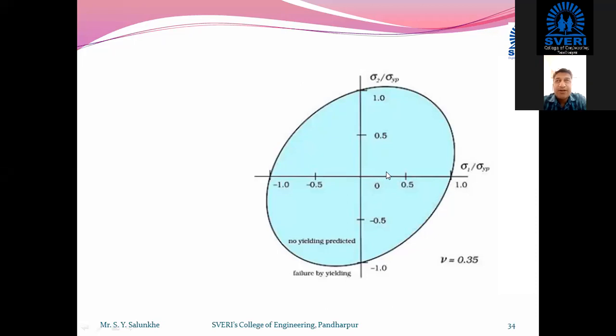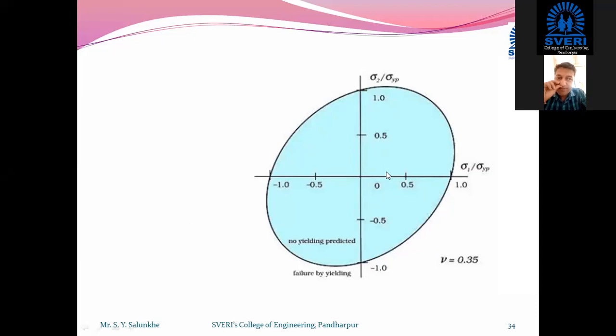Later on, we will compare it with the second theory, that is the maximum shear stress theory. Already I have told you that the first and second theories are normally used for practical applications. The first theory is used for brittle materials and the second theory is used for ductile materials.